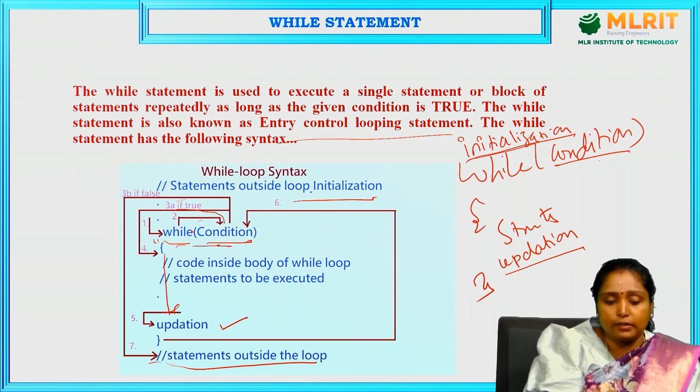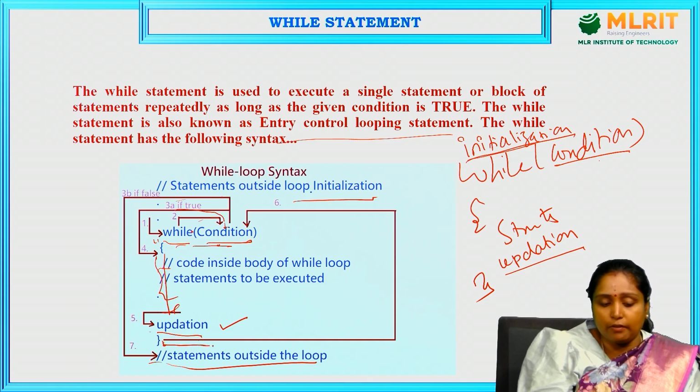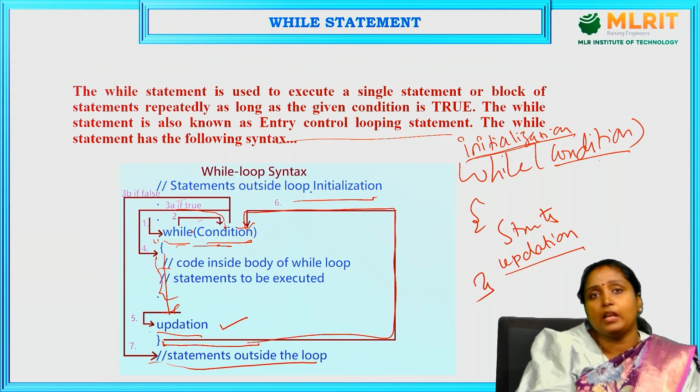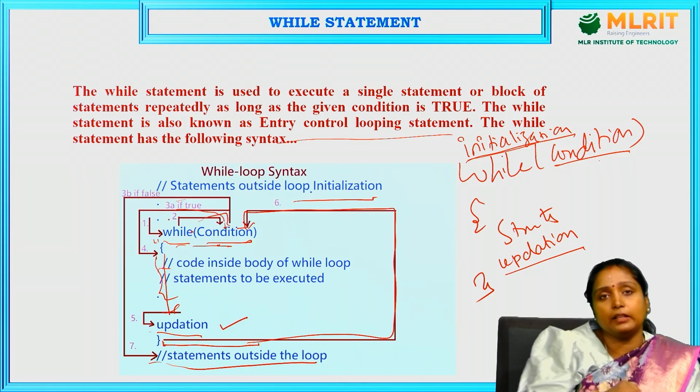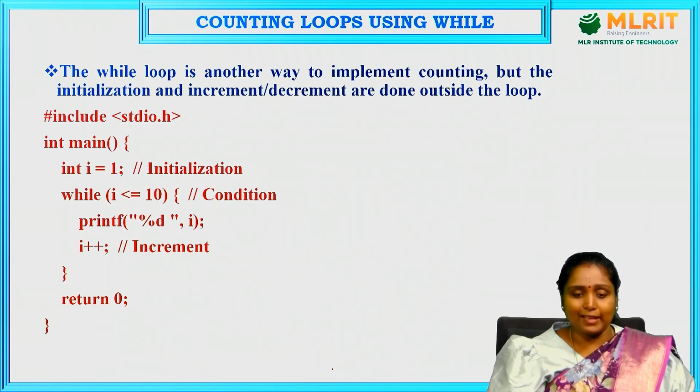So if the condition is true, it will execute the statements. Then comes updation, and when the ending curly bracket of the block of code appears, again it will check for the condition. If the condition is true, all the statements will be executed again. Once the condition becomes false, it will come out of the loop. Let us see a small example program of this.